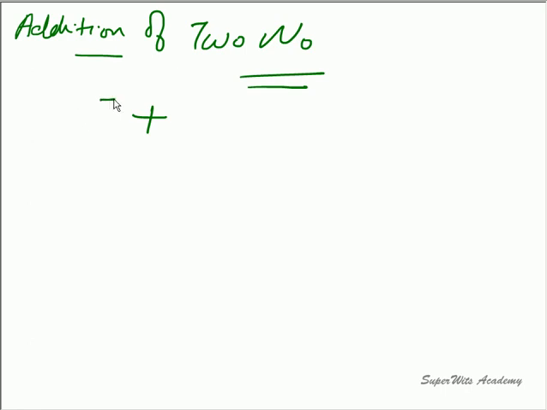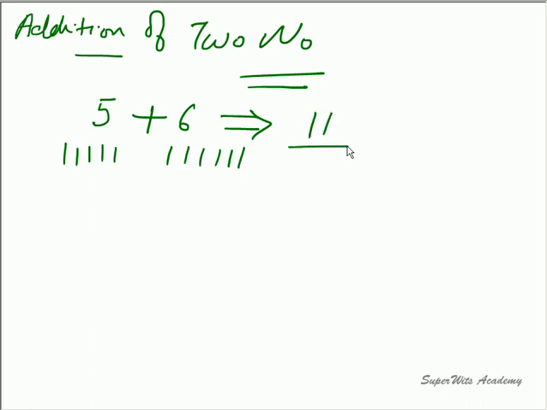Then I require some numbers, let's say the first number is 5, and the second number is 6. And then when I add them, that is 1 2 3 4 5 and 1 2 3 4 5 6, right? So this makes it number 11, right? So combining all these, you get a result.